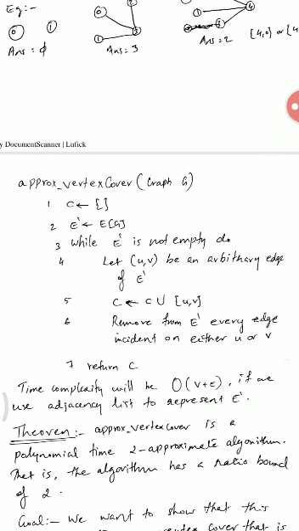The time complexity of the algorithm will be big O of V plus E. It is a polynomial one, and we use the adjacency list to represent E dash, the new graph.